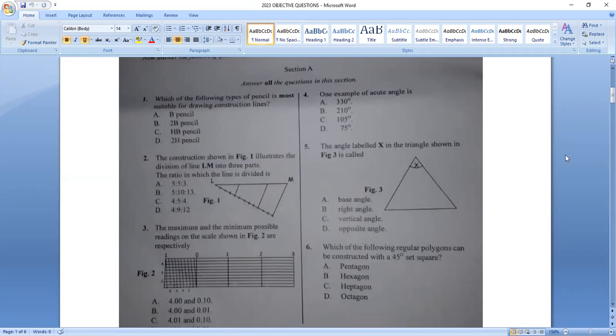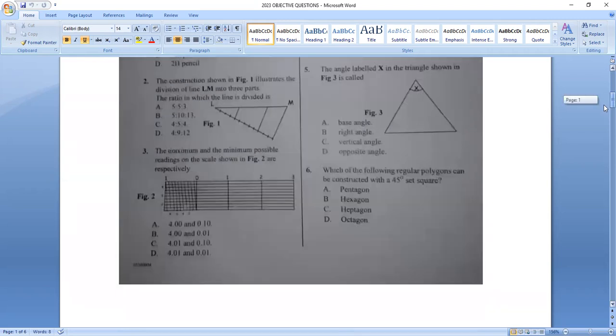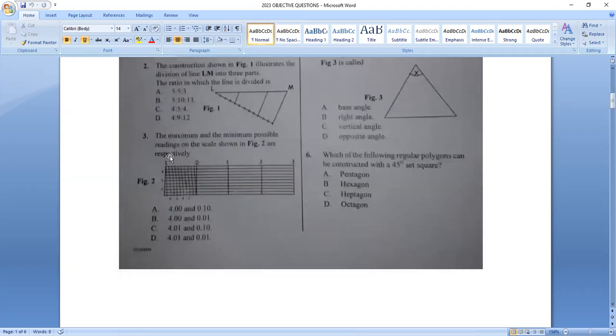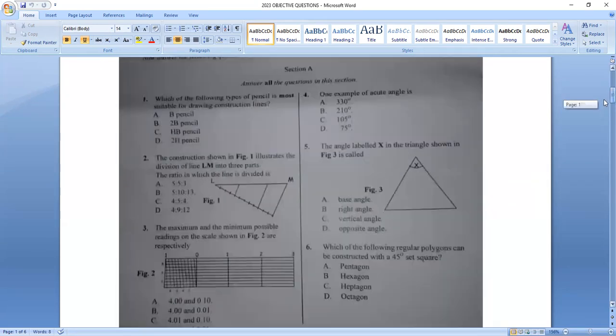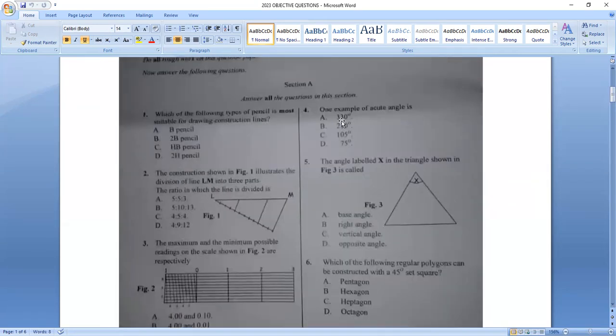All right, then we move to question 3. In this question 3, we have that the maximum and the minimum possible readings on the scale shown in figure 2 are respectively. So option C is the answer to that. Then we move to question 4, which says that one example of acute angle is angle 75.